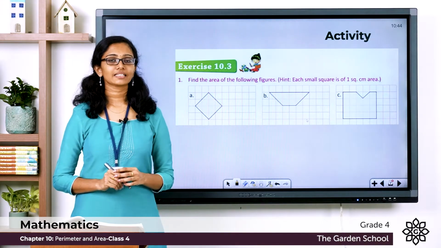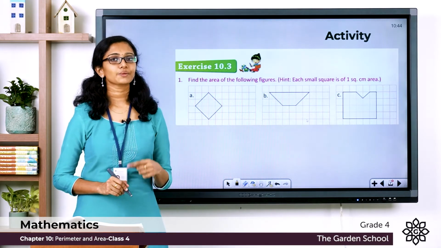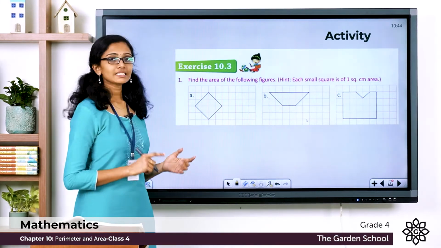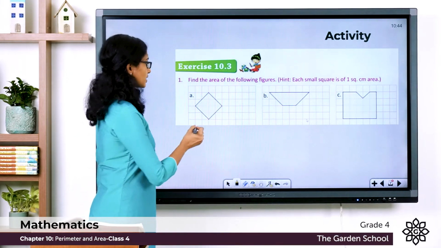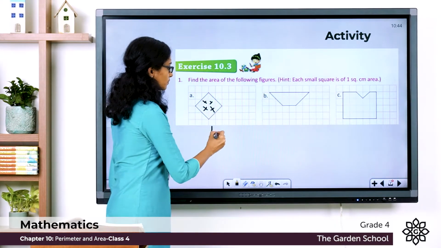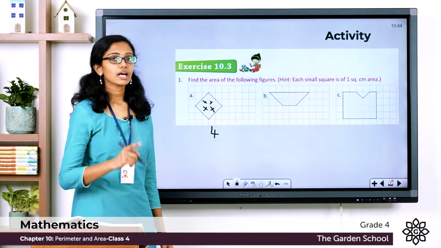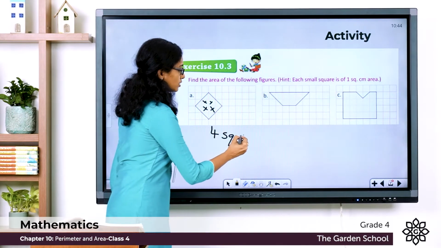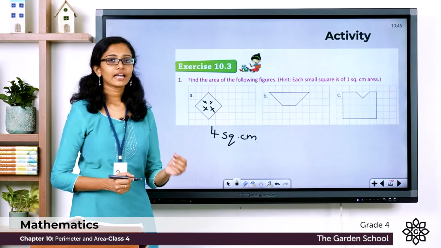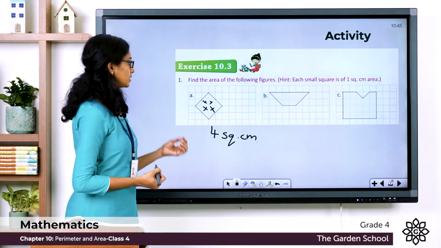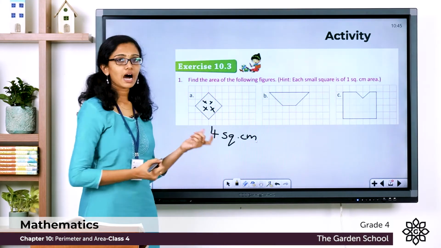Hope you are done with that exercise. Now, let's discuss each question one by one. So, the first figure we can see here. Now, let's count the number of full squares. So, there is 1, 2, 3, 4. There are 4 full squares and hence the area of the full squares is equal to 4 square centimeter. The area of 1 square being 1 square centimeter. Now, let's count the number of half squares.